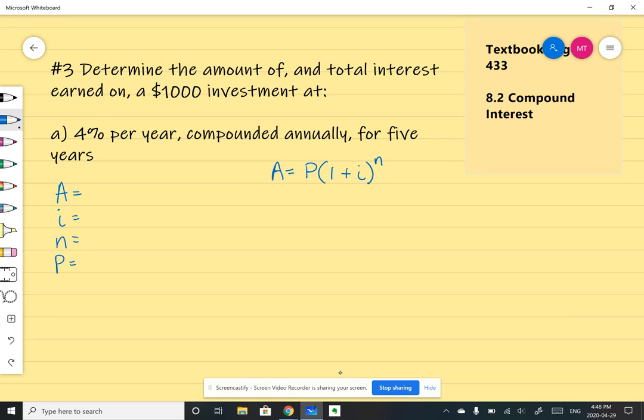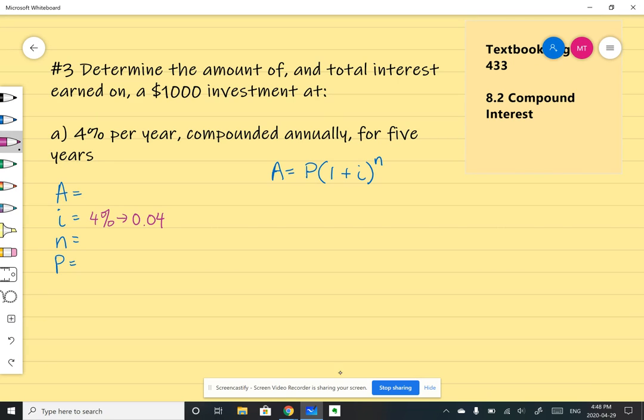Then you have 1 representing 100% of what you started the investment with, and I being the interest rate. You'll remember that we always turn this into a decimal. So if I have 4%, I have to make sure I change that to 0.04.